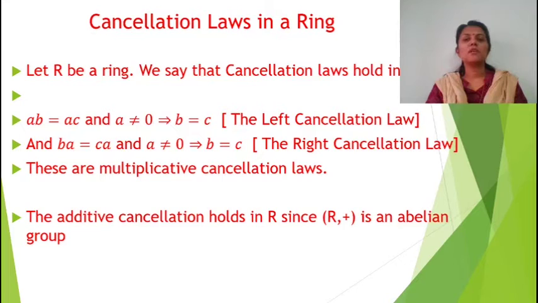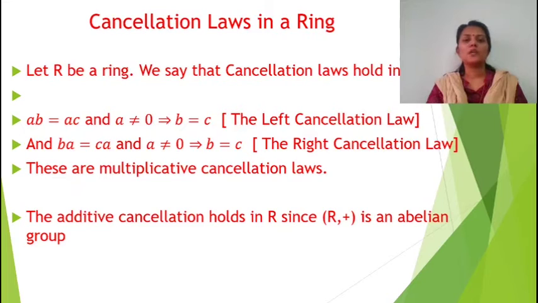These are the multiplicative cancellation laws in a ring R. In a ring we have two operations, and the first operation, addition, has cancellation laws in (R, +), since R is an abelian group. So we have to find the cancellation laws with respect to multiplication.